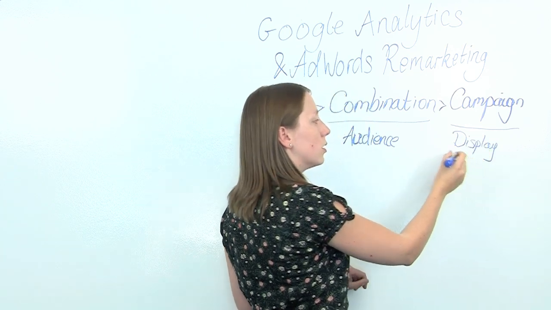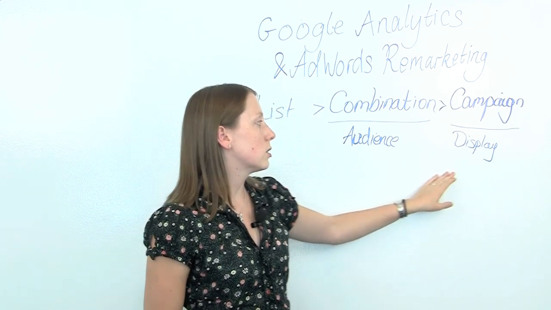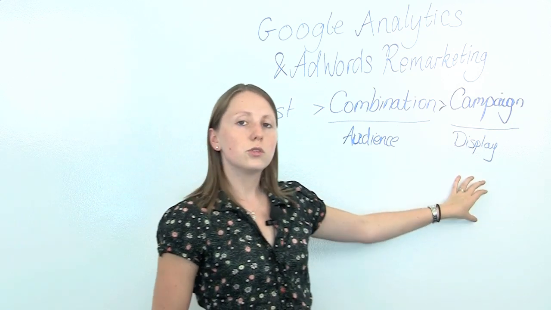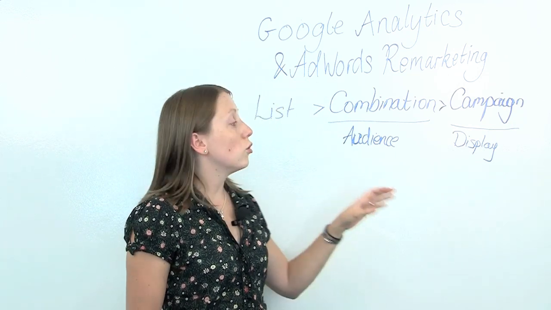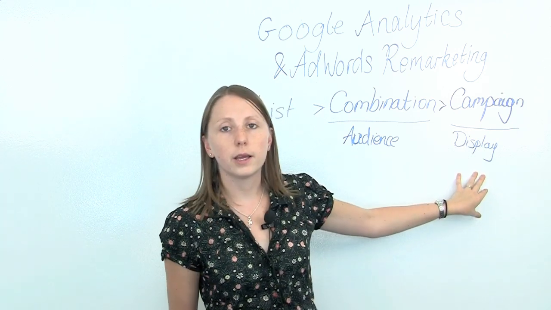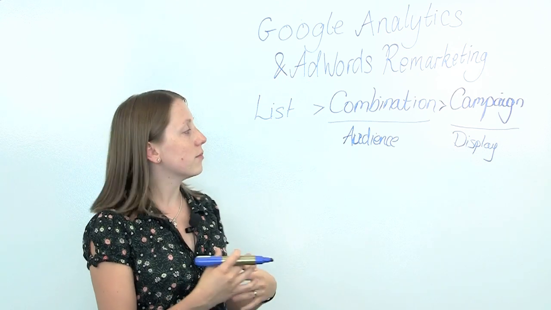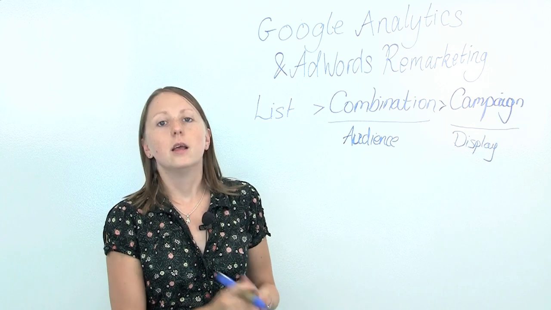So the way that you can target the campaigns as well is you can choose that it targets your combination that's built through your lists, but you can also use the other AdWords display targeting functionality. So you could look at applying interest categories as well, or age or gender, and all of these just filter it down and make sure that you're even more targeted.